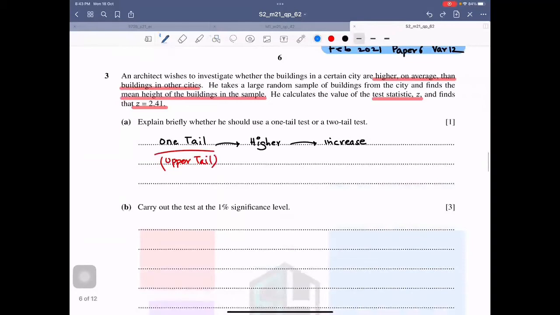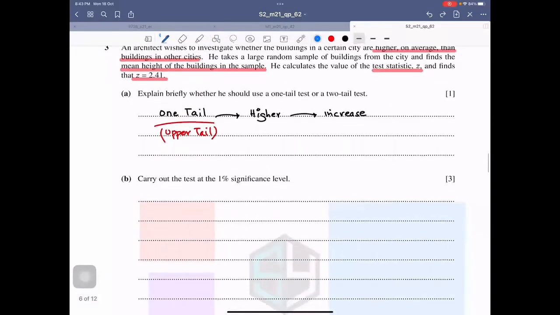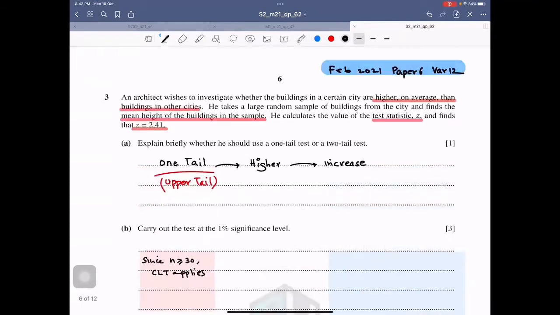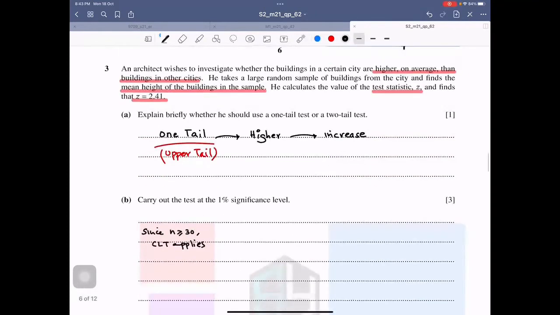Since n is greater than or equal to 30, CLT applies. Now we write the sample size, that it is a random sample, and what else is there?